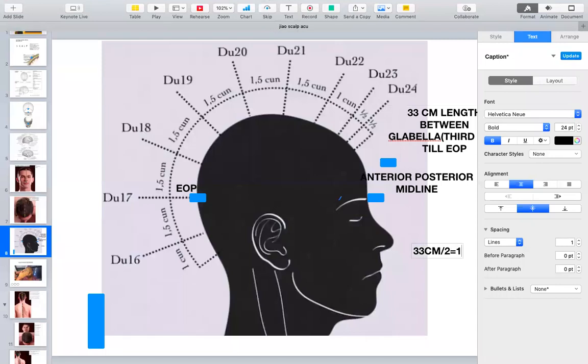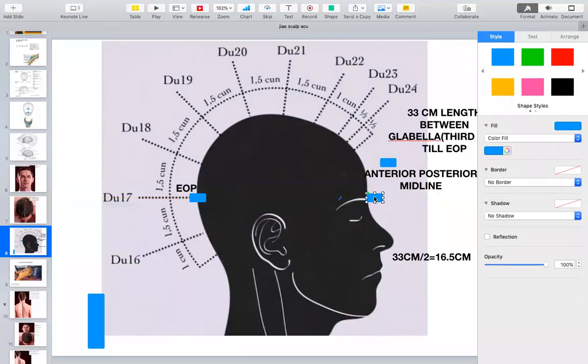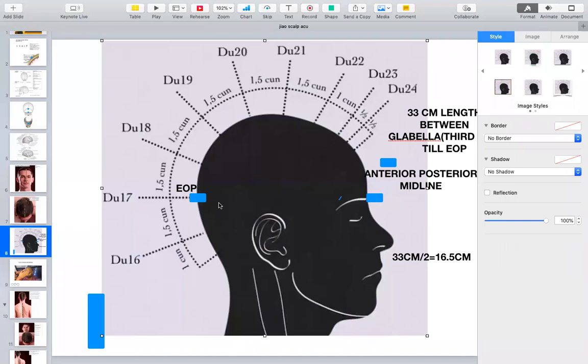Half of it will be 16.5 centimeter. What we can do is take one thread, keep this thread over the third eye and bring it till the EOP on the back side. It may be 33 centimeter, 32 centimeter, whatever it is. Now taking half of the thread means doubling the thread.